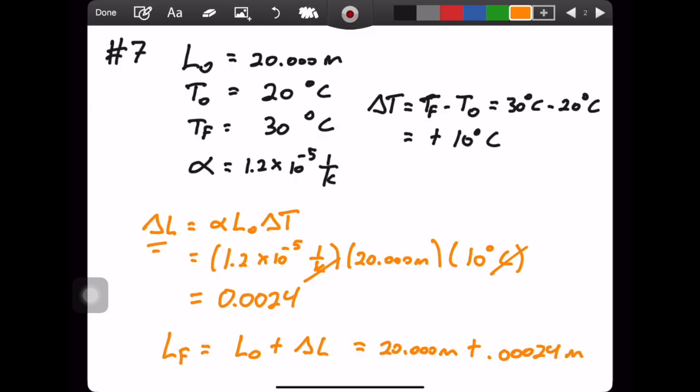And so, actually, I did one too many zeros there. My apologies. It should be 0.0024. And so that would be equal to 20.0024 meters. A 10-degree change in Celsius changes the length of the object by 0.0024 meters.